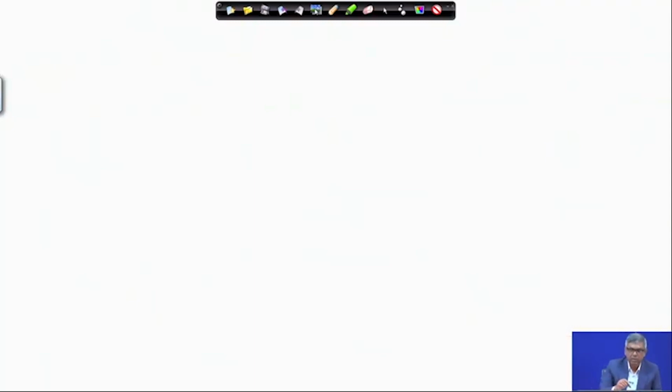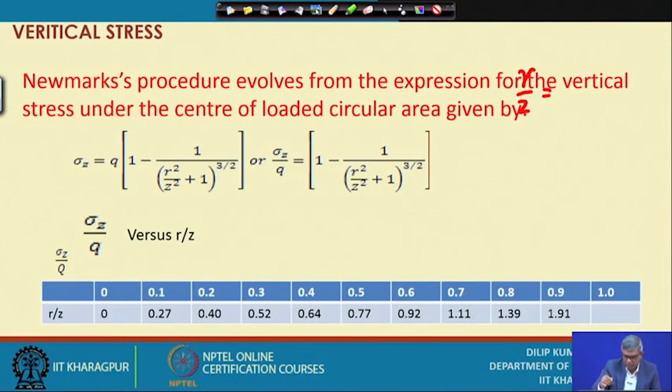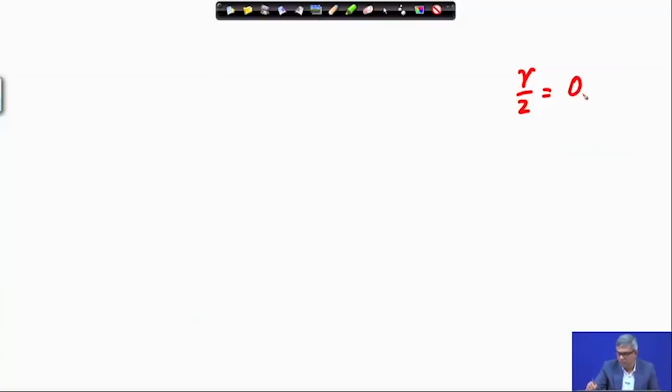So, suppose I know r by z, and suppose two values of r by z, 0.27 and 0.4.